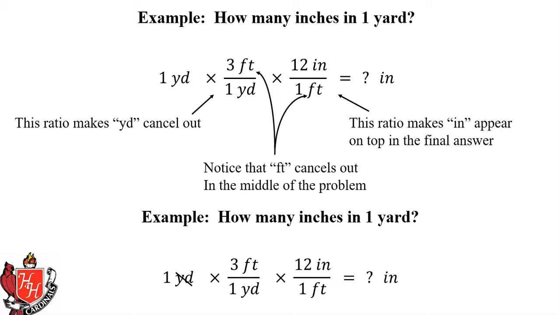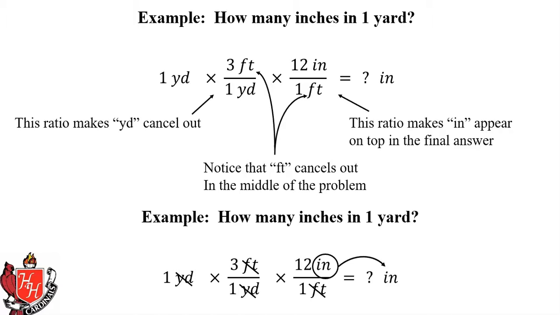And the only thing you're going to have left is inches. Don't cancel any numbers at this point, by the way, only units of measure. So yards and feet have all canceled out, and the only thing we have left is inches, and that means that's going to be the final unit of measure in our answer.